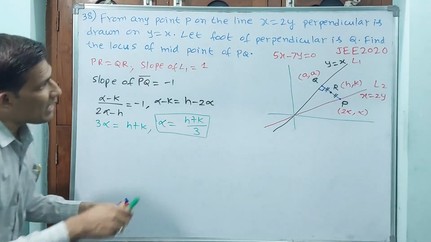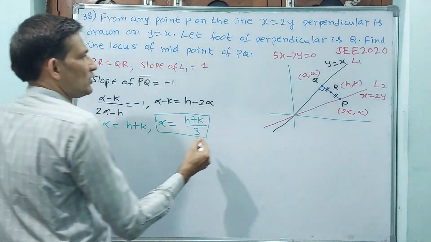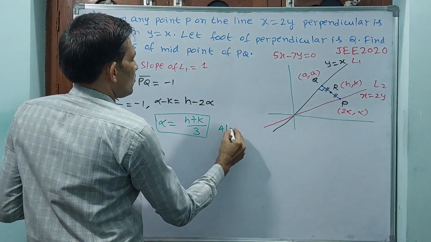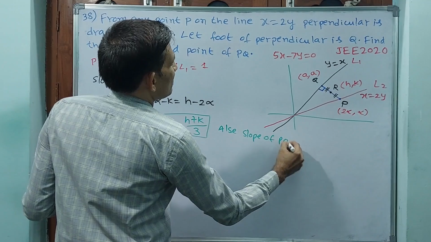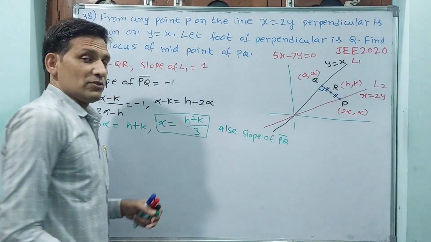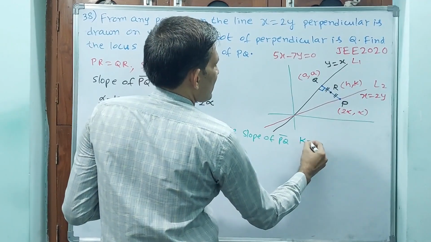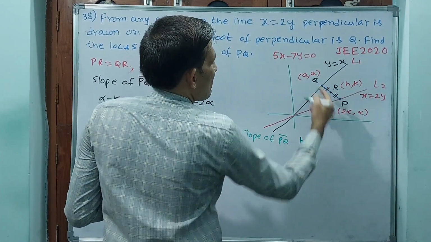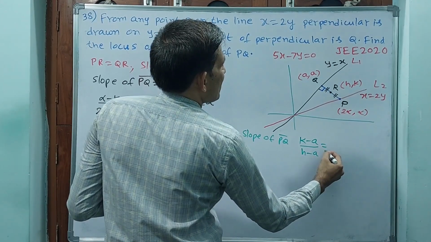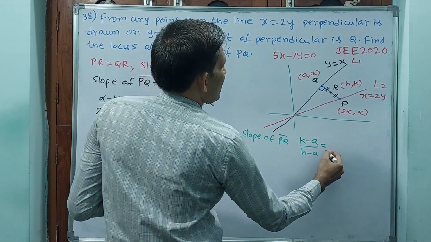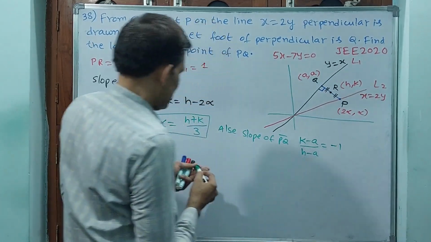Now again I am going to find this h, k slope. Also, slope of PQ. See how I am finding now again. K minus a by h minus a is equal to minus 1.